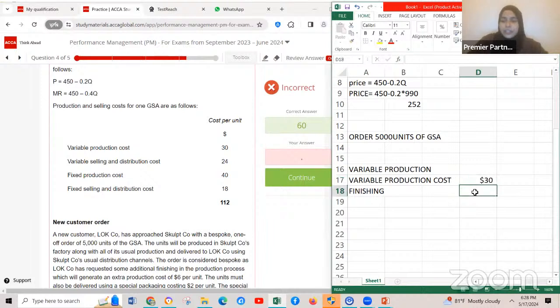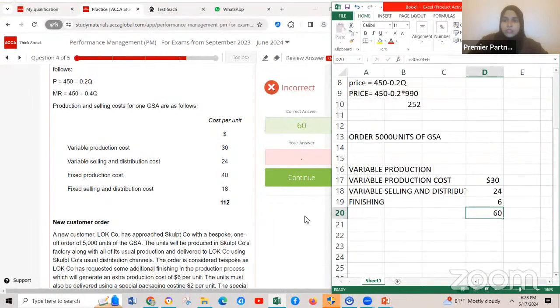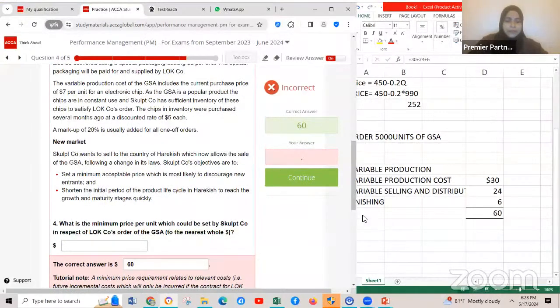Now that 30 itself will be incurred. Variable selling cost also will be incurred, 24. But there is an additional cost of finishing, 6. So that means total cost with this will be the normal cost and 6 more. So the cost is 60.